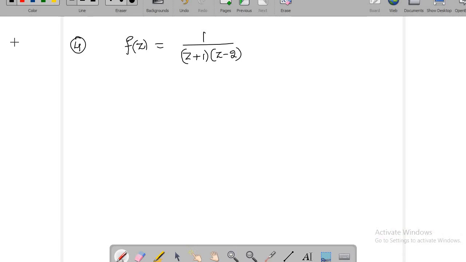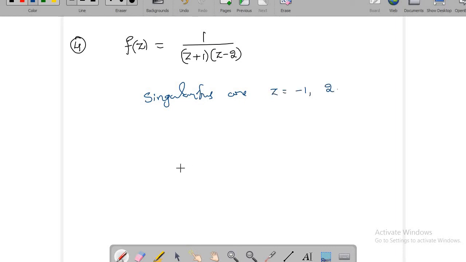But you can ask one thing, sir, is it necessary to write Laurent series expansion every time to decide what kind of singularity it is? It's not needed. See here, first you see what the singularities are. Singularities are z equal to -1 and 2.